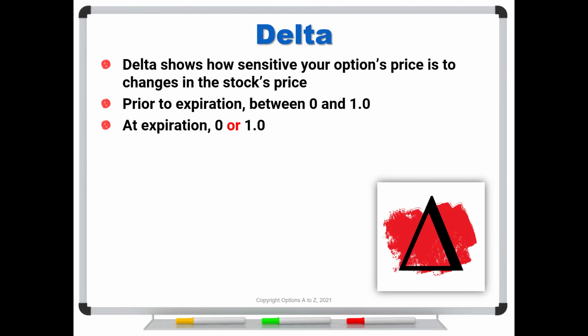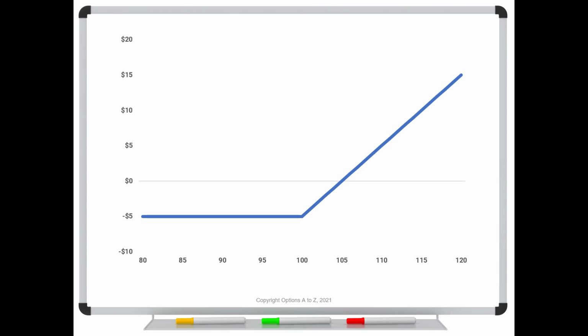So just to reemphasize, expiration is a very specific moment in time. We're talking about maybe the final 5 seconds going into that closing bell. You could still close your option, but we're virtually 100% out of time. That's when you want to be looking at your expiration graph, and at that moment, you're one of two values, either 0 or 1.